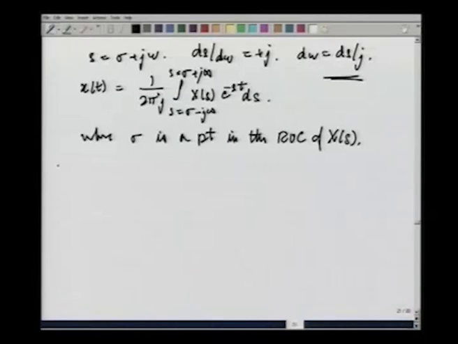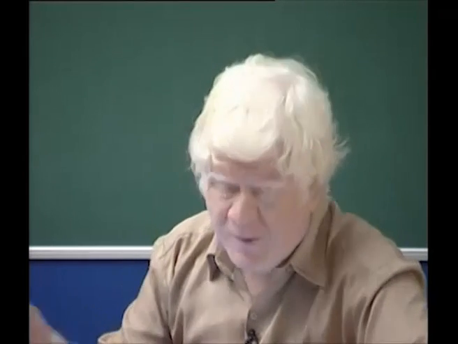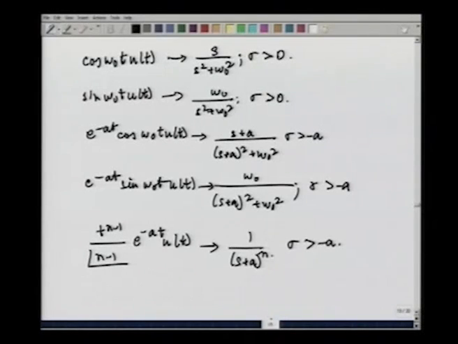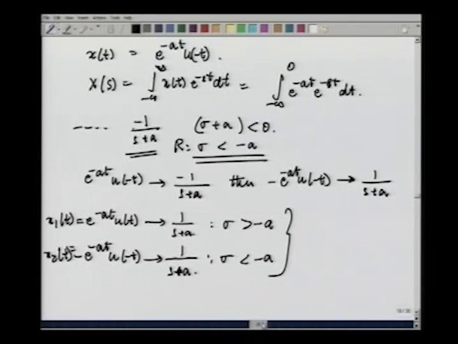The general form of the Laplace transform of a function need not be straightforward, because even for example in the previous case we had s plus 2, s minus 1.